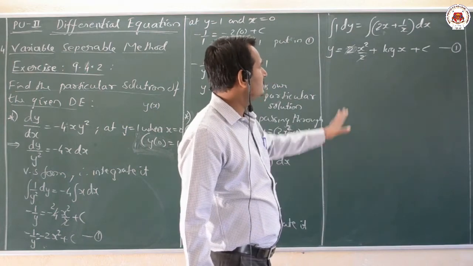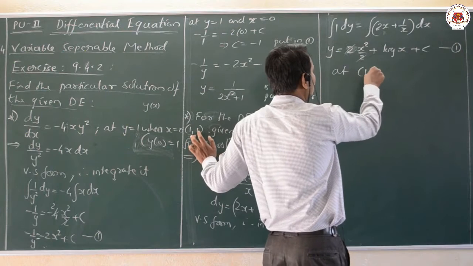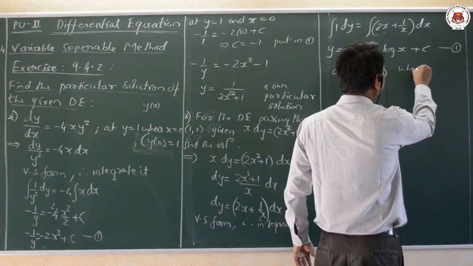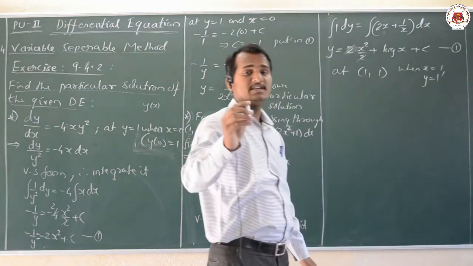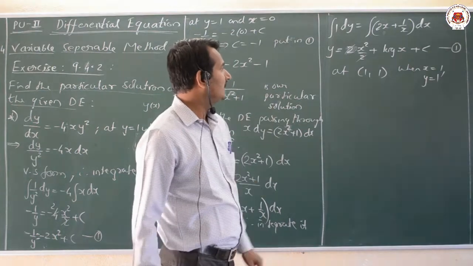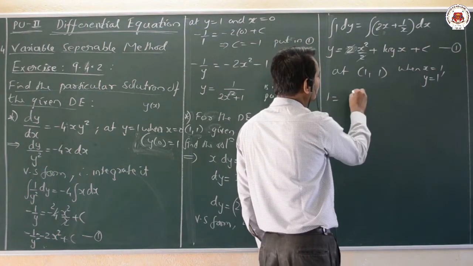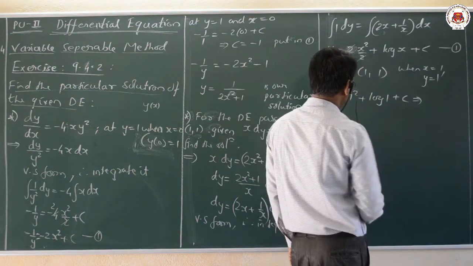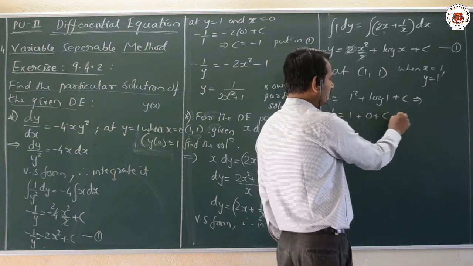The next step: what condition has he given? At (1, 1), that is when x equal to 1, that implies y is equal to 1. Substitute those values. So what do we get? 1 equal to 1² plus log 1 plus c, that implies 1 as it is plus log 1, whose value is 0, plus c.